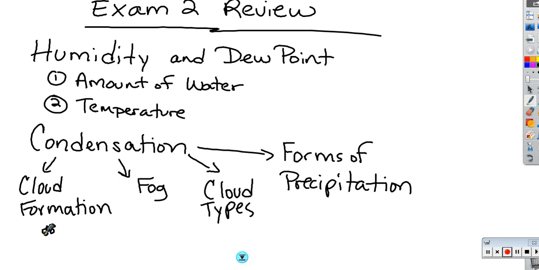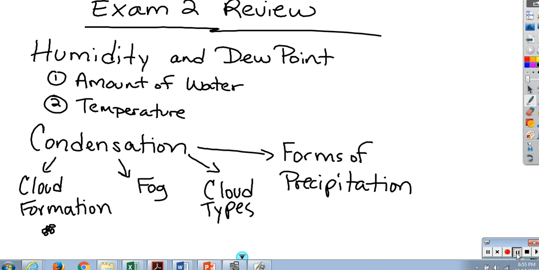When clouds form near the ground, you get fog, and so we talked about different types of fog. And since fog is a product of reaching the saturation limit, we could talk about fog in the same way that we were talking about humidity. How do you form fog?